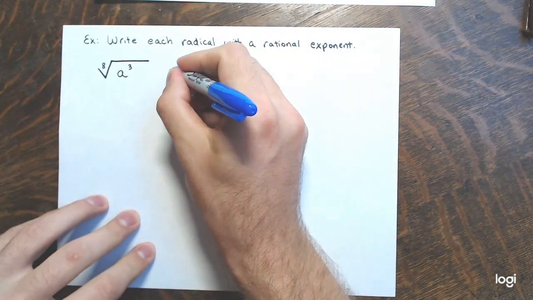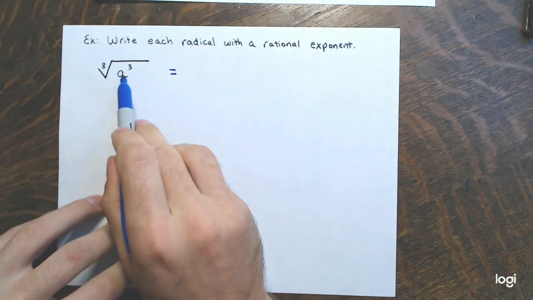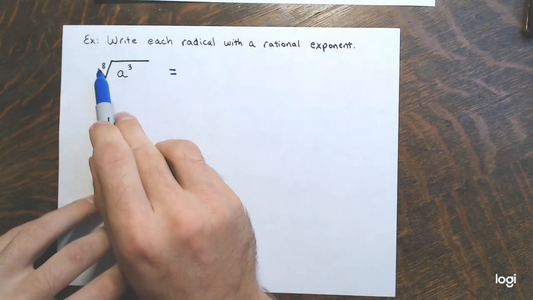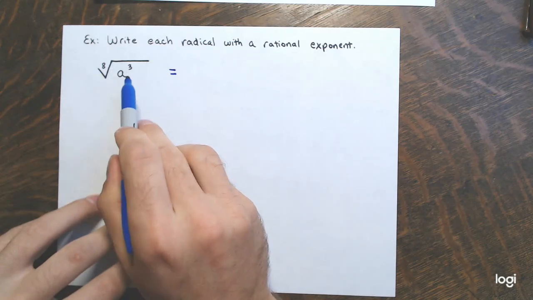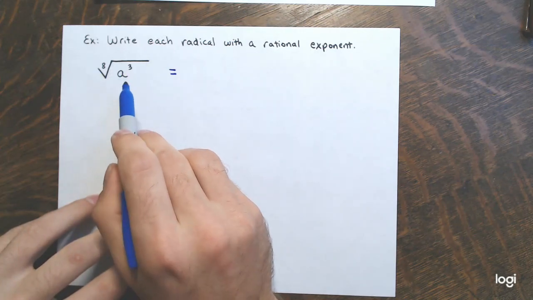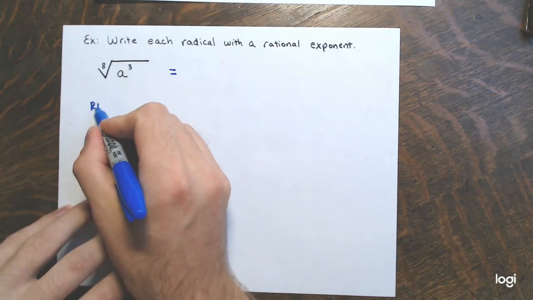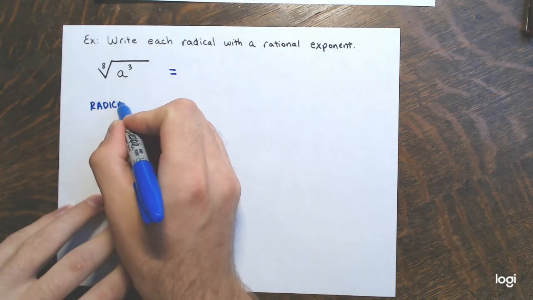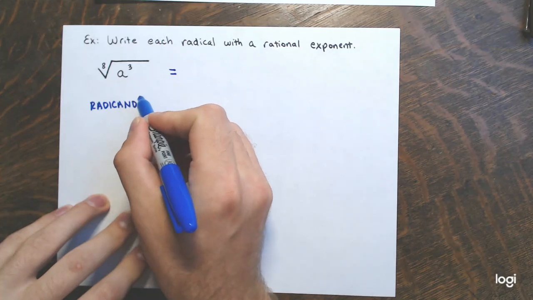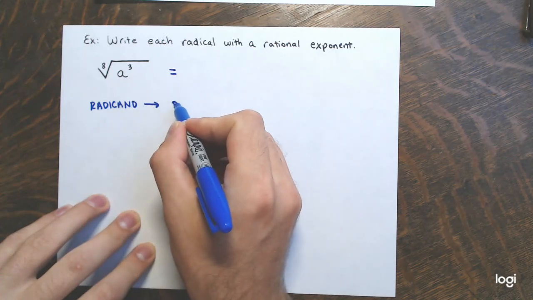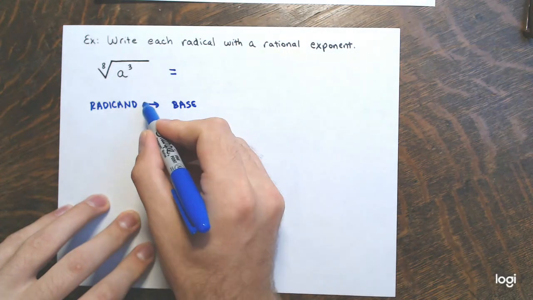All right, so I'm going to take this one step at a time here. We did this last video as well. Remember when I have the 8th root of some radicand? Remember the radicand in the radical expression becomes the base, and vice versa. Right?